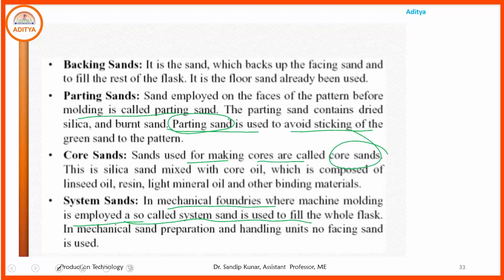In mechanical sand preparation and handling units, no facing sand is used. System sand is the sand in the molding box for pouring the molten metal into the mold cavity, and finally we produce the casting product. Using system sand we fill up the total flask.